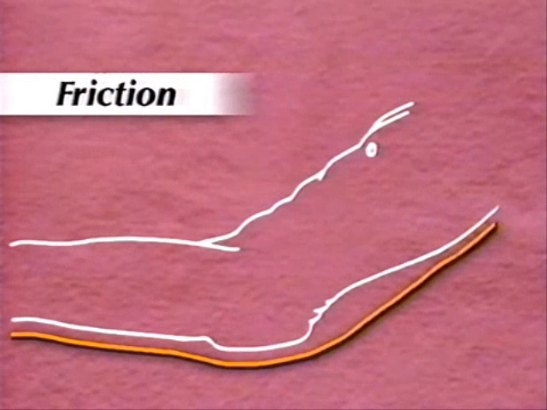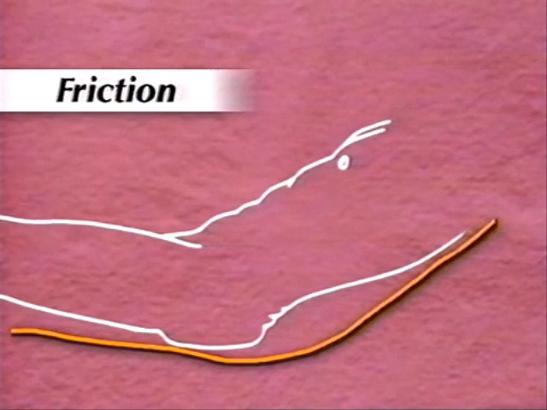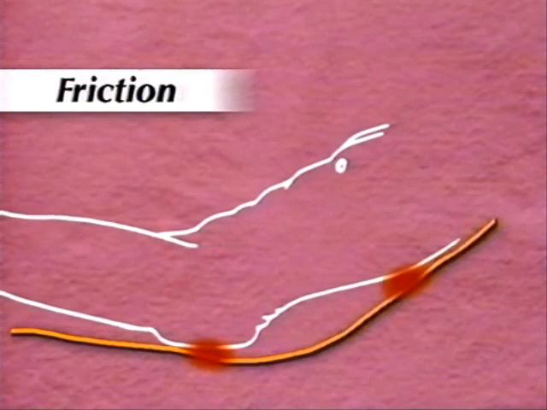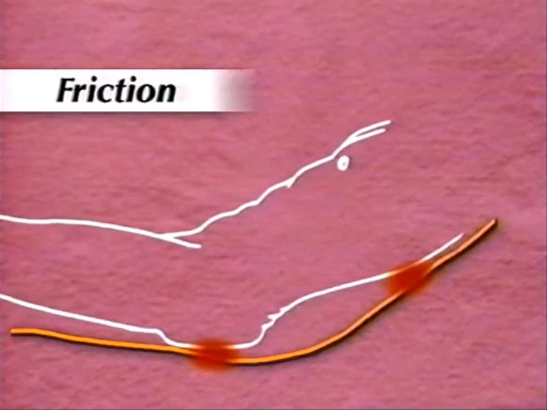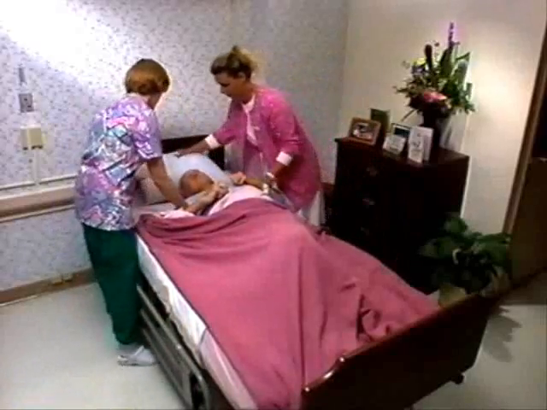The AHCPR guidelines also note that tissue damage may be caused by friction when the skin rubs against a support surface. Friction causes mechanical destruction of cutaneous tissue, producing a superficial abrasion or blister, especially where the skin is moist. For example, if a patient is lifted in bed without using a draw sheet, his skin may drag across the bed linen, causing friction, which may produce an ulcer, especially on the buttocks.